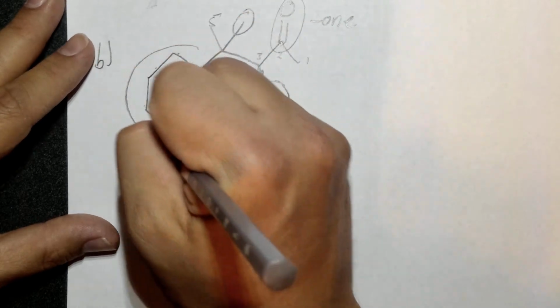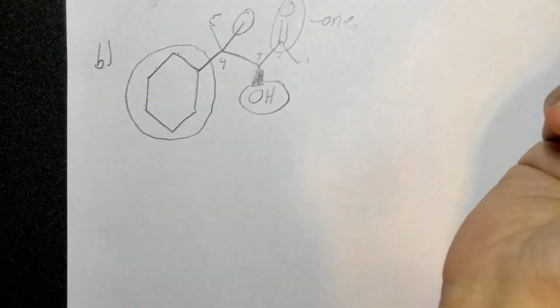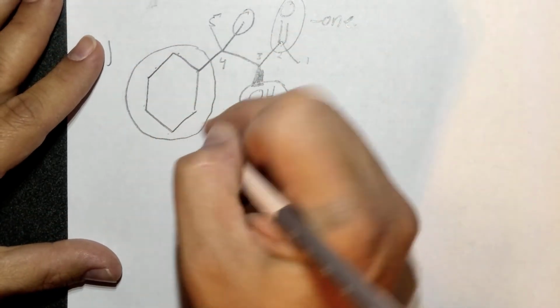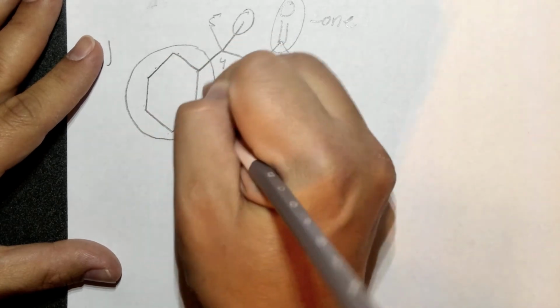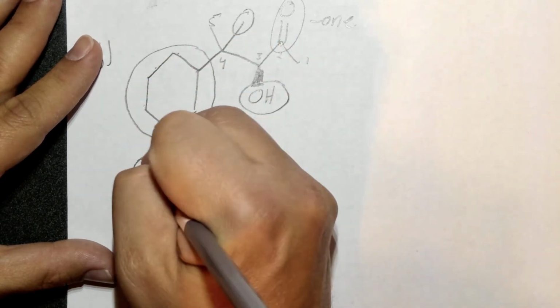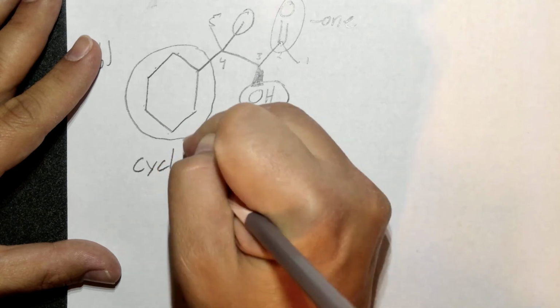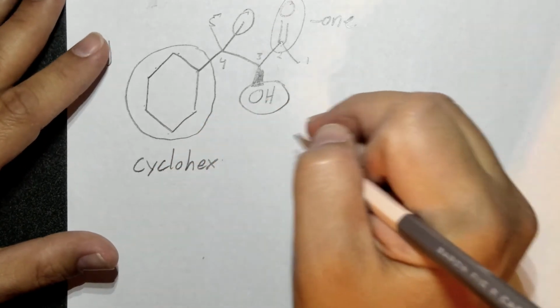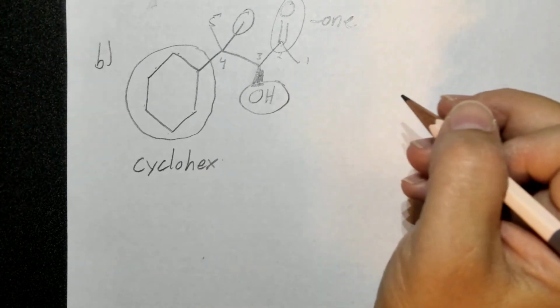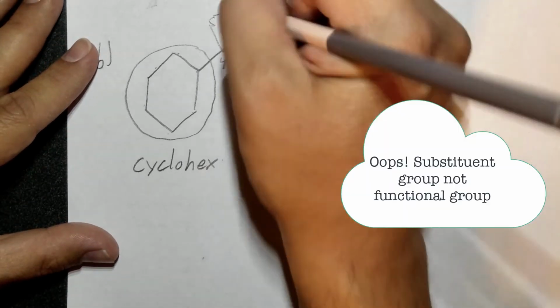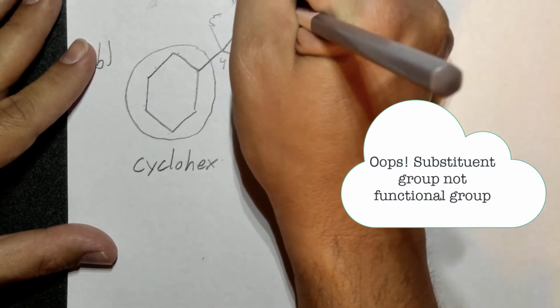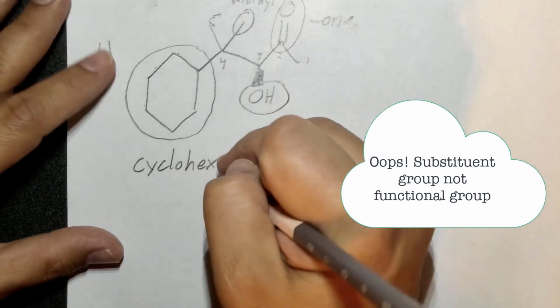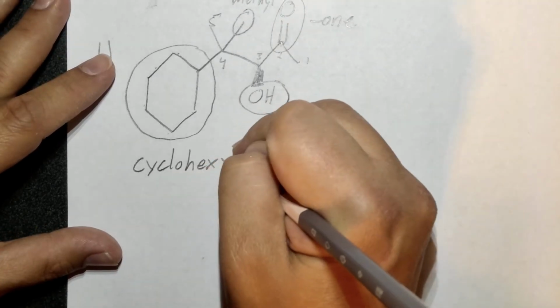And even though it looks too big to be one, this is a substituent. And so what would this normally be called? It's 6 carbons in a ring, so it would normally be called cyclohexane. And just like methane turns into methyl when it's a substituent group, cyclohexane becomes a cyclohexyl group.